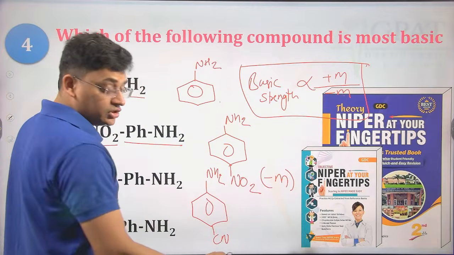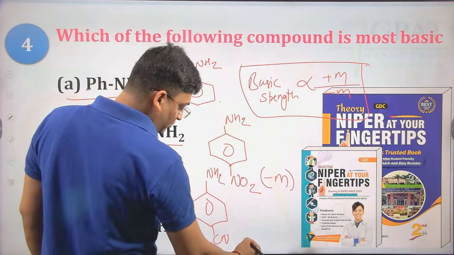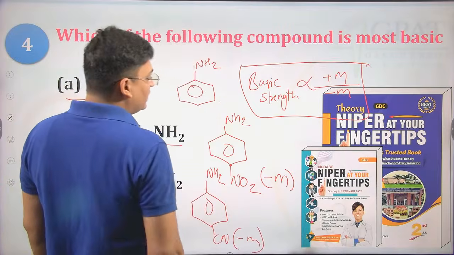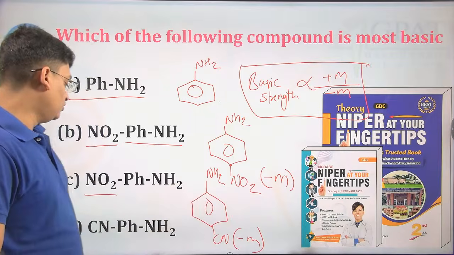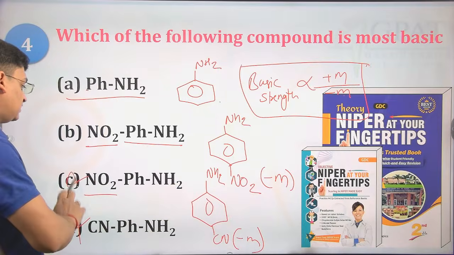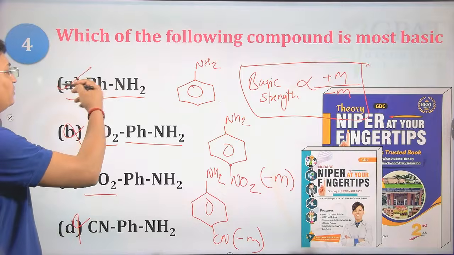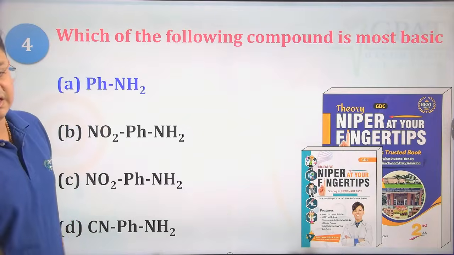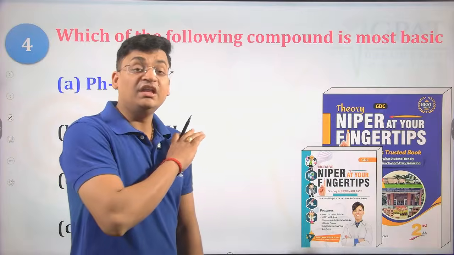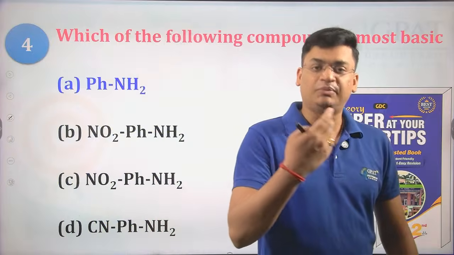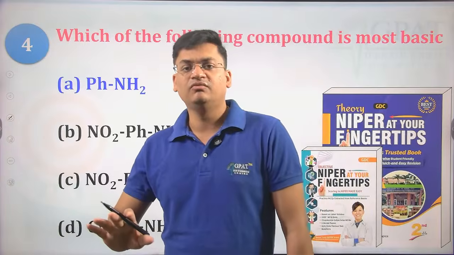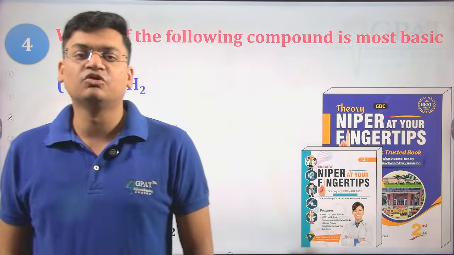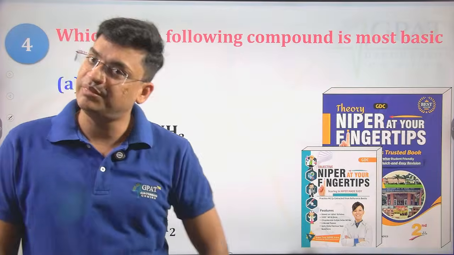And here CN is also a minus M group, so this also decreases the basic strength of this NH2. So these will have lower basic strength compared with PhNH2, the aniline, because here we have no minus M groups. There is no plus M to increase the basic strength, and no minus M groups to decrease it.